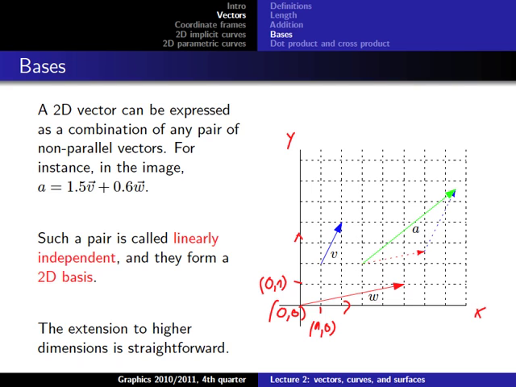So they need to be non-parallel, but they don't necessarily need to be at a right angle. They could also be something like this here. And then if you have a unit here, you basically get a grid that is a little shifted, but you can address each point within this grid in a unique way, in a similar way as with this grid based on the right angle. And of course, this right angle is much more intuitive to us, especially when you introduce it like I did with this raster image.